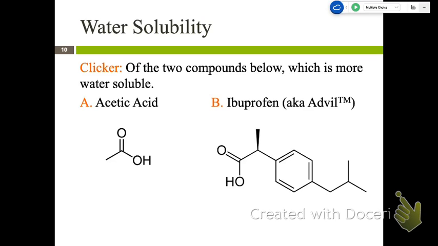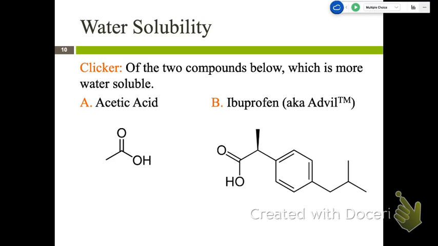But what is it we've been focusing on for the last half hour? Polarity. So, going back to what you were saying, when we see oxygen in a polar bond, that's what I want to hear. We see polar bond, polar bond, polar bond. So we have 3 polar bonds in acetic acid. How many do we have in ibuprofen? The same exact number.